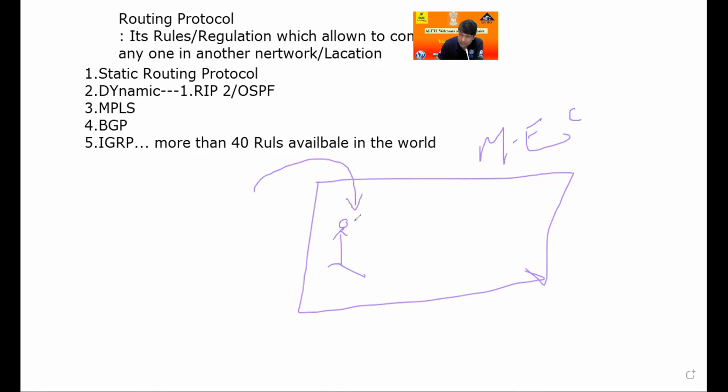When you join the college, everybody knows engineering admission is after 10 plus 2. So in 10 plus 2, you have 10 close friends, but you join the military engineering college.